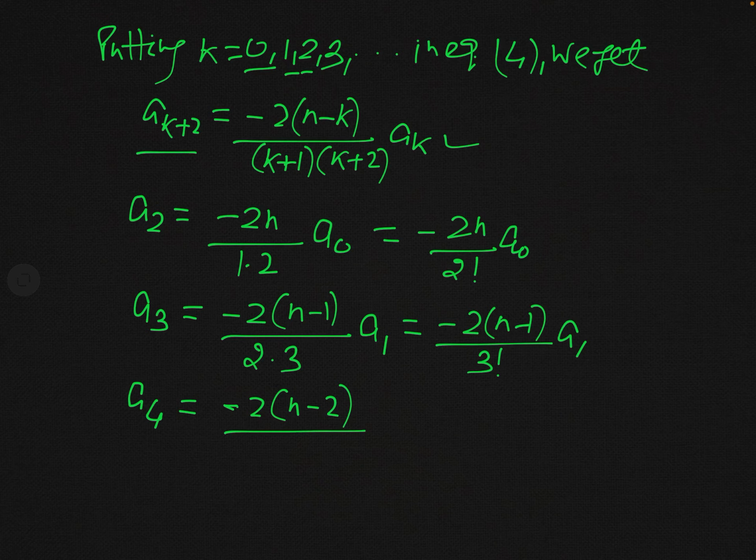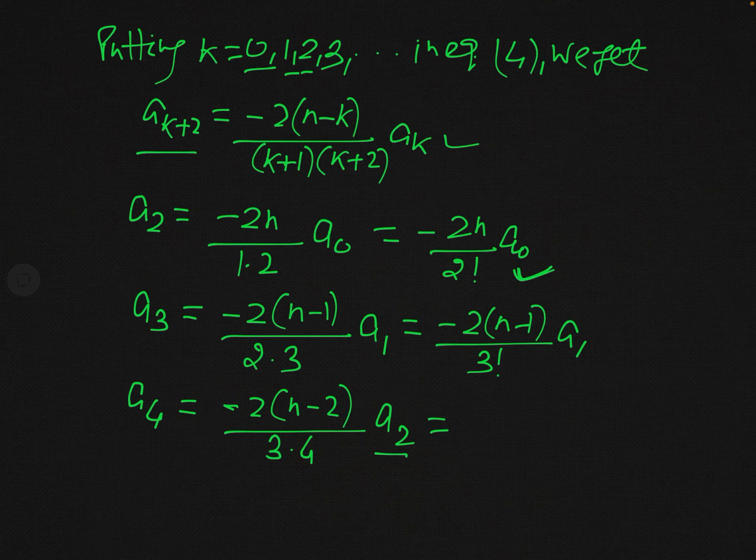So this will be 2 plus 1, that is 3 times 2 plus 2, that is 4 and a2 because k is now 2. But we have already obtained the value of a2 here you can see. So substitute at the place of a2 this value which you have obtained already.